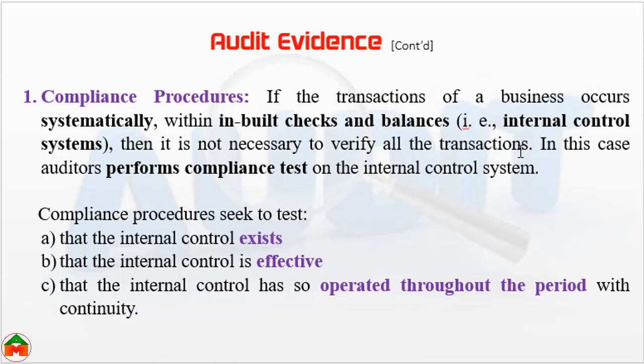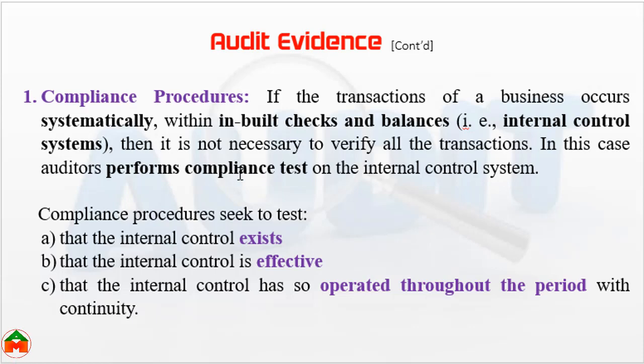That means if there is any internal control system in an organization, then the auditor doesn't need to verify all the transactions. Rather, the auditor should perform a compliance test on the internal control system.